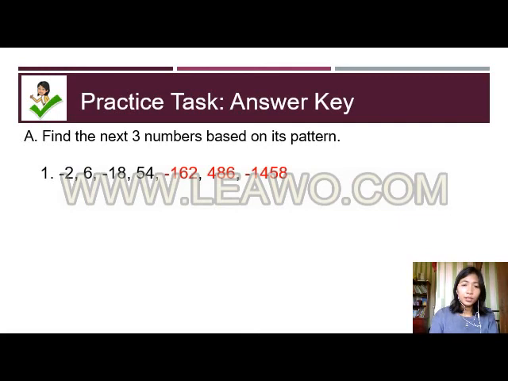For number 1, you are given -2, -6, -18, and 54, okay? So we have to analyze what happens in this set so that you are getting the next term from the preceding term, okay? So, ano yung ginawa para makuha si 6 mula sa -2?